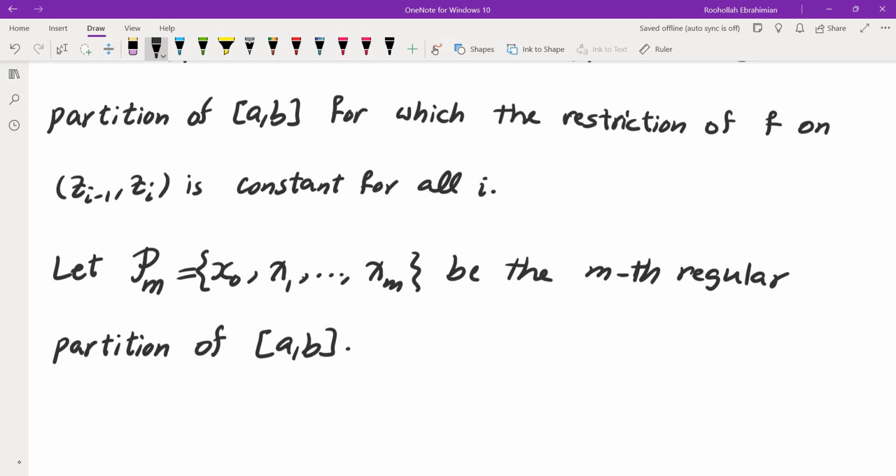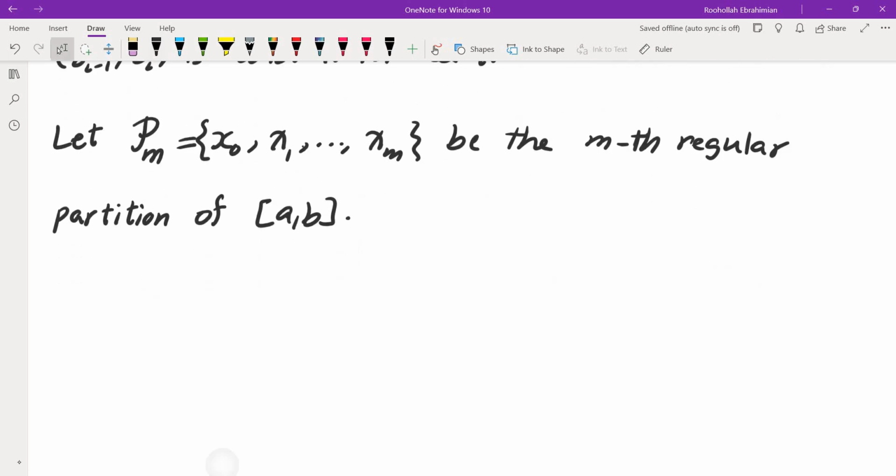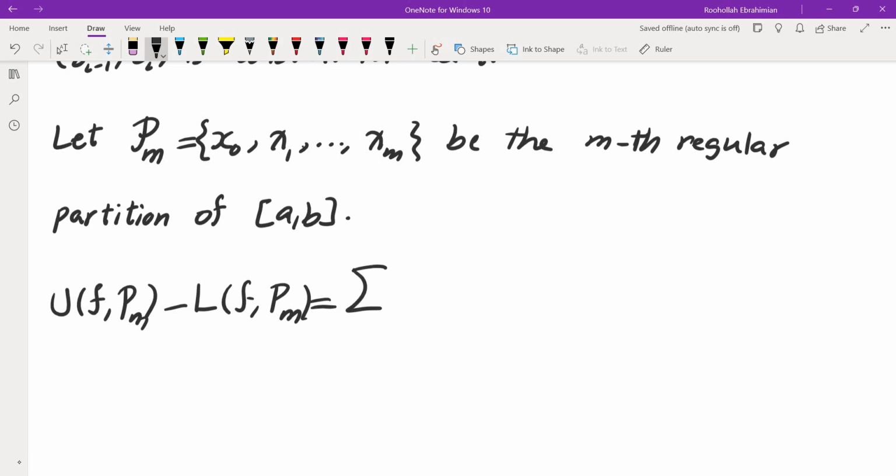We are going to look at the upper minus lower. The upper sum for P_m minus the lower sum for P_m would be equal to the sum of (M_i minus m_i) times (x_i minus x_{i-1}), i equals 1 to m.